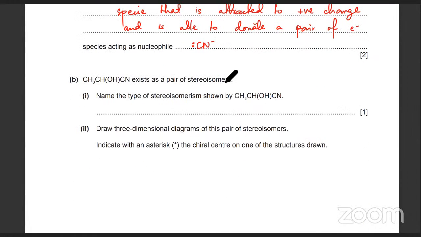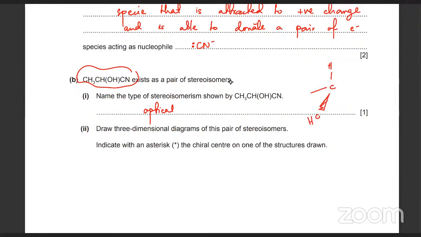Name the type of isomerism that's shown over here. That's going to be optical, because there's a chiral carbon atom. It's got an OH, a CH3 on one side, and a CN on another side. So there will be two mirrored versions. And he's asking you to draw the three-dimensional diagram of the pair of isomers.